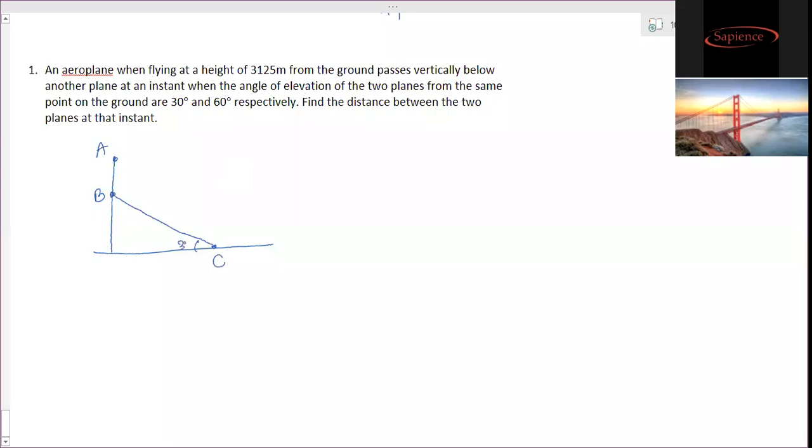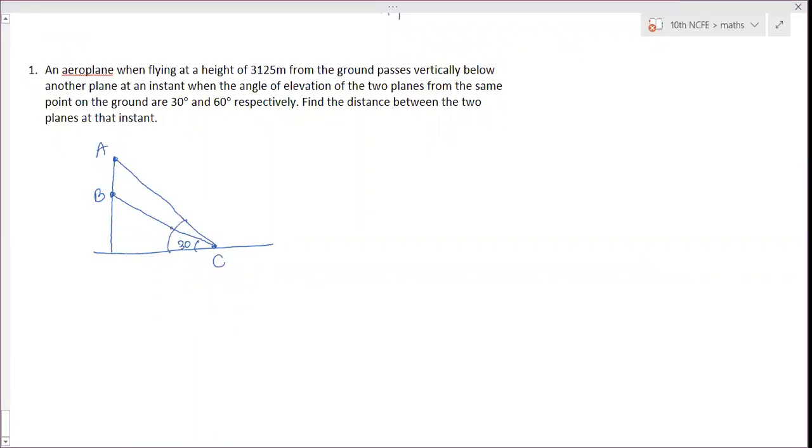And AC will be 60 degree. Fine. What is 3125? Suppose I consider point D. BD is 3125 meters. And then AB you have to calculate. So consider AB as H.